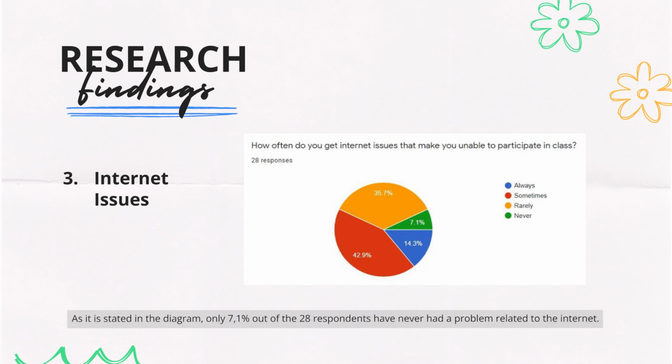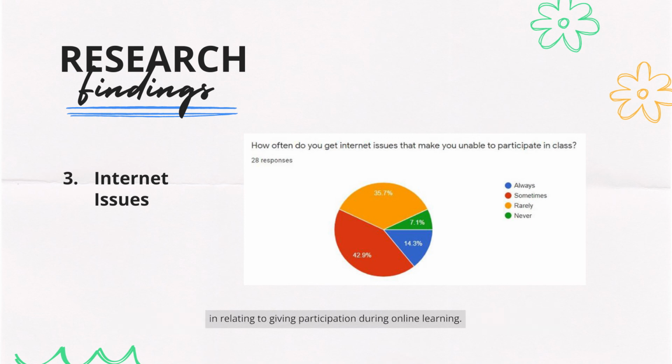As it is stated in the diagram, only 7.1% out of the 28 respondents have never had a problem related to the internet. So from the diagram above, we can conclude that internet issues are not the biggest problem in relation to giving participation during online learning.